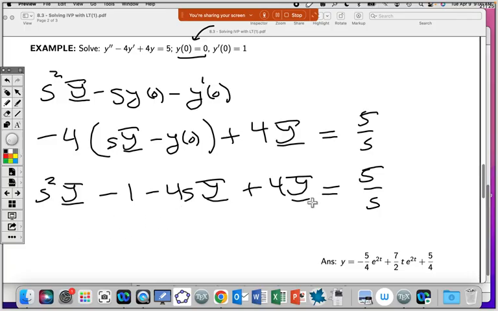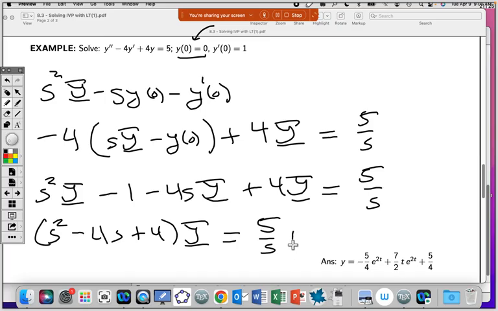So now we get all the Y's on one side and move everything else to the other, and we can factor the Y out. So we're going to have s squared Y minus 4sY plus 4Y equals 5 over s plus 1.